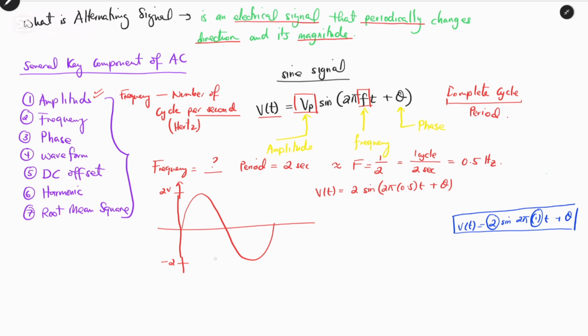Now it will take us from here to here is 1 second, and from here to here is 1 second, and the total time is now 2 seconds to complete one cycle.